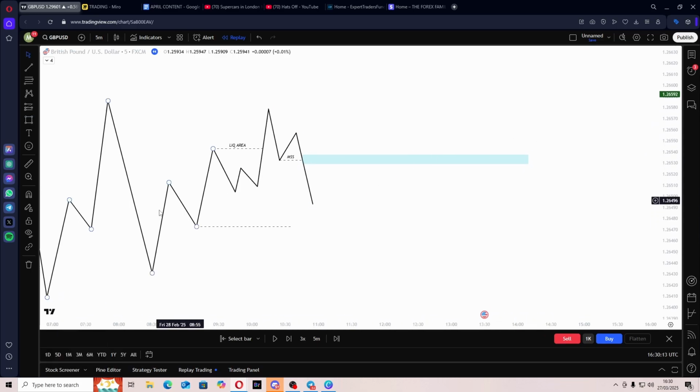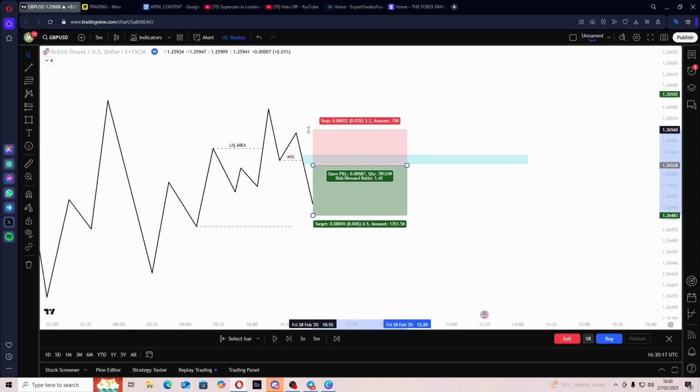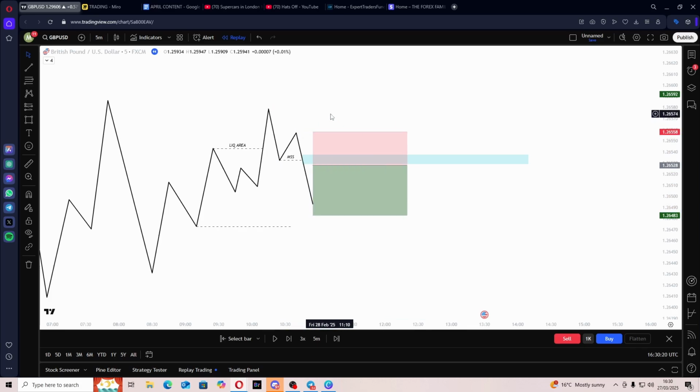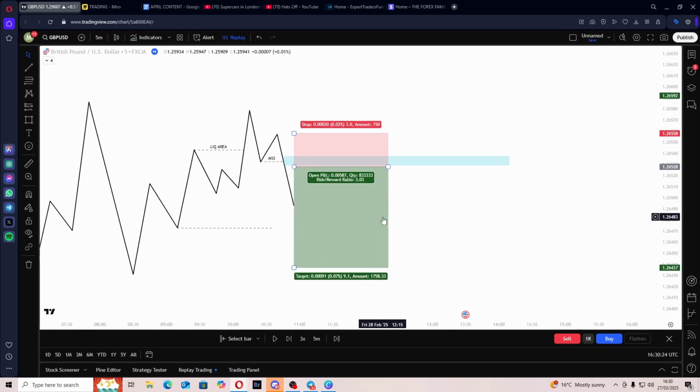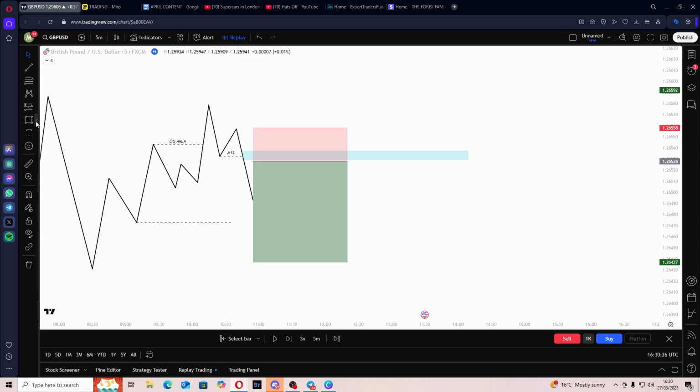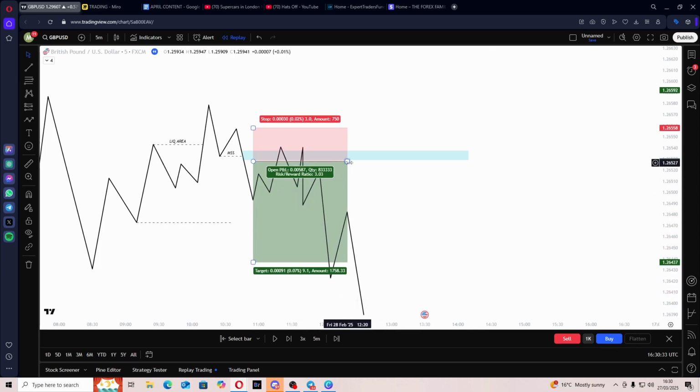And once we do mark out our fair value gap, we just enter a short position right there, placing our stop loss just at the bottom of this liquidity area, and placing our take profit at a 1-to-3 risk reward ratio, right? Now all that's left is we wait for price to actually come back into this fair value gap area, bounce off it a few times, and then we'll go down and completely smash our take profit just like it did right here.